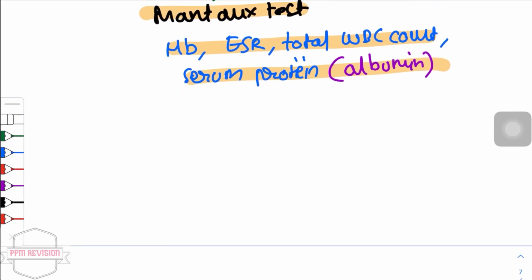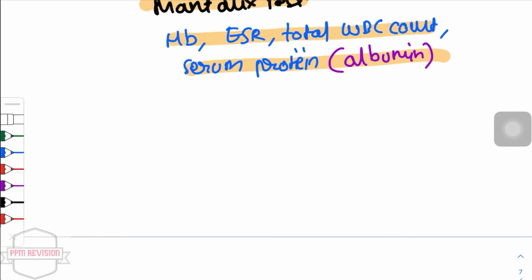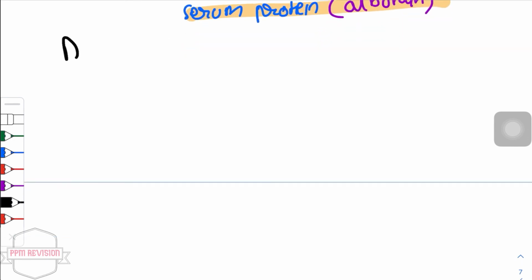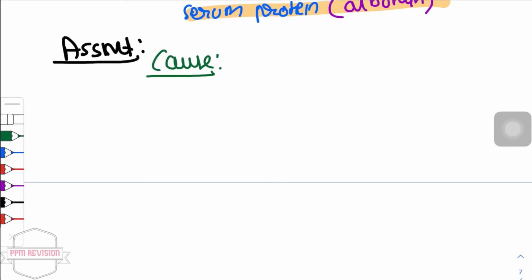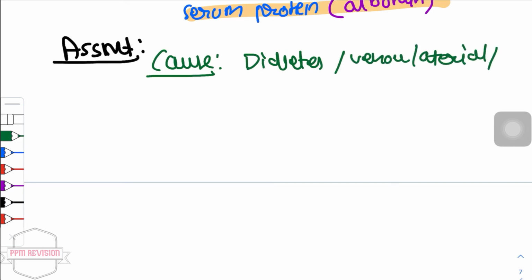Now, how do you assess an ulcer? In assessment of an ulcer, we need to know the cause. Under cause, we need to know whether the patient is diabetic, or whether it is venous, arterial, or any infective state.